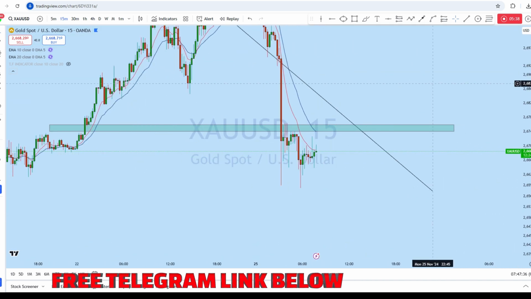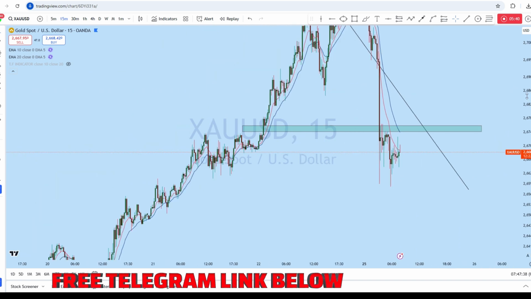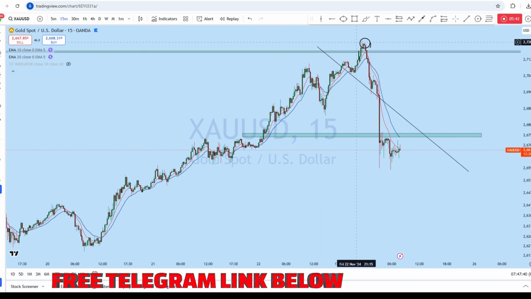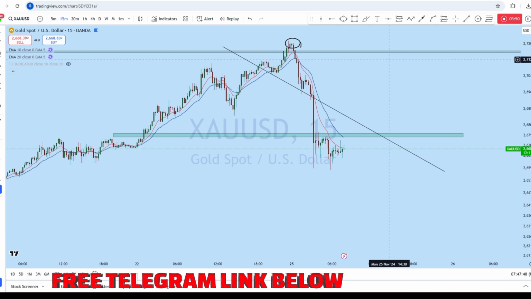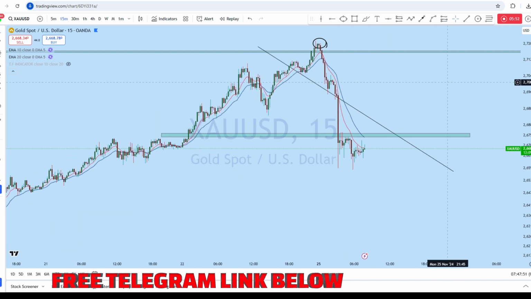The bias is still to the downside, as we can see that there was a massive uptrend. The market reversed and it may not easily go back up again, as we have seen a complete bounce to the upside with a stronger momentum.